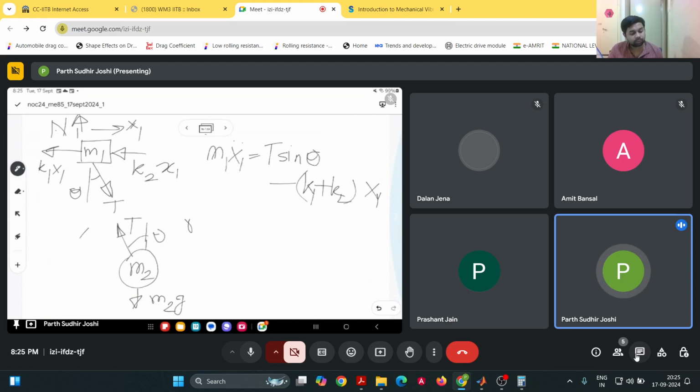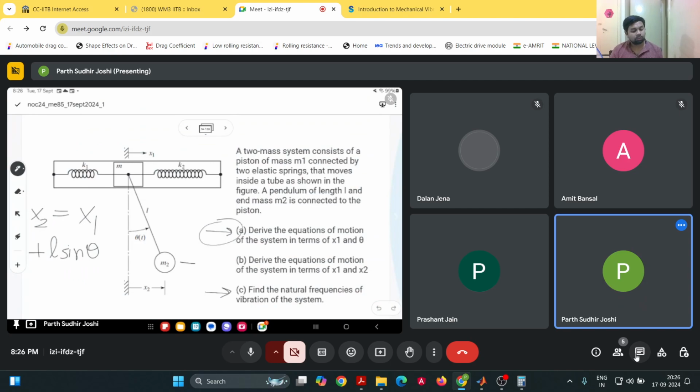And then the other equation of motion will be m2 x2 double dot is equal to, so x2 is like this, and there will also be another coordinate, let us call it y2.